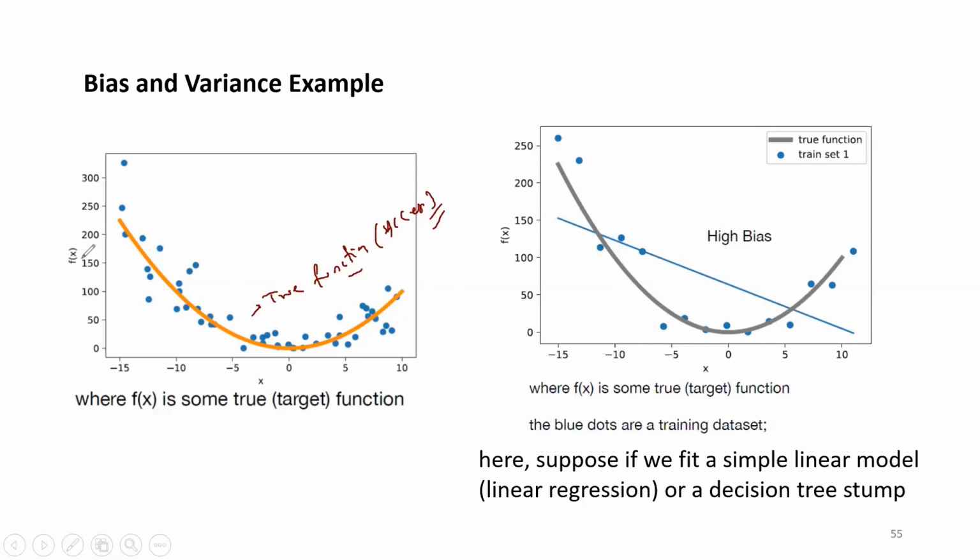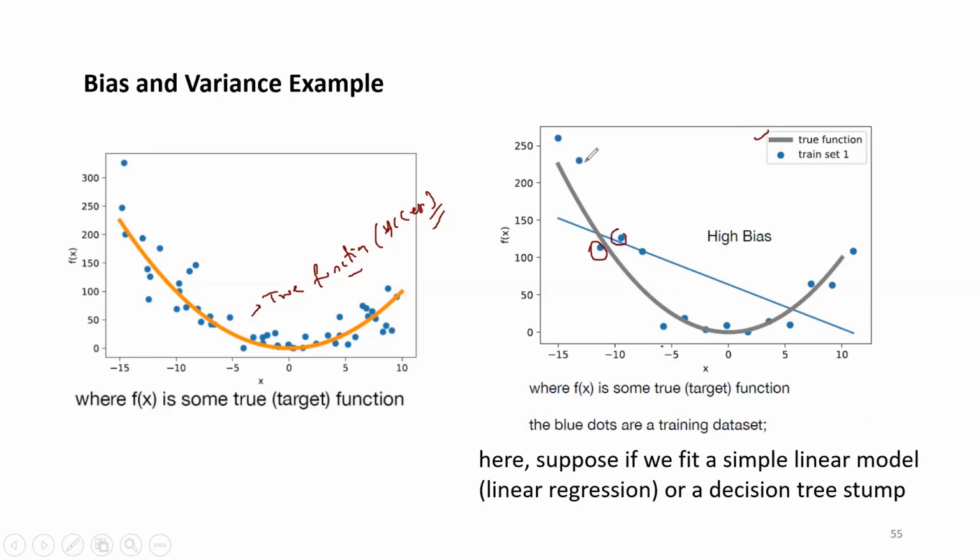In the legend, the gray curve is the true function, and the blue points are the train set. Plotting a regression line like this, the regression algorithm always suffers from high bias. High bias means it is not able to explain the true relationship between your x and y. So you have drawn this line, and there are a couple of points here. We compare this curved line with the regression line.